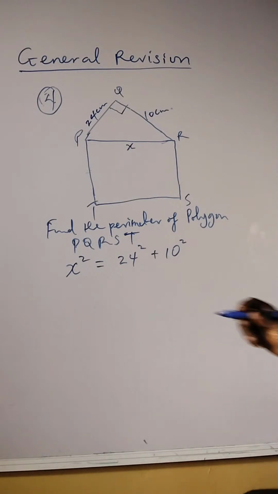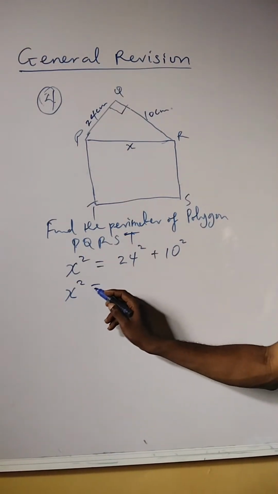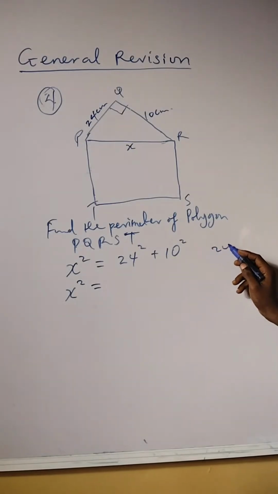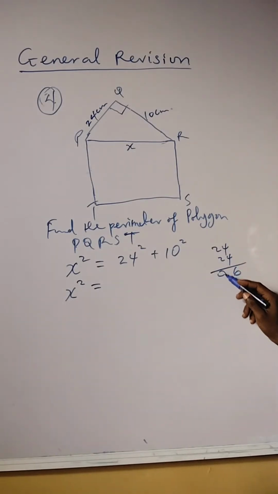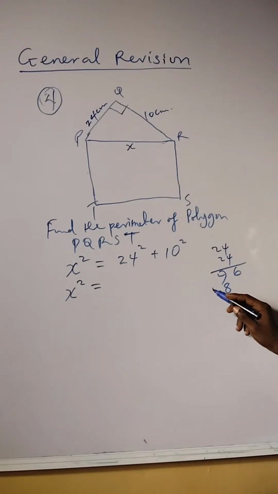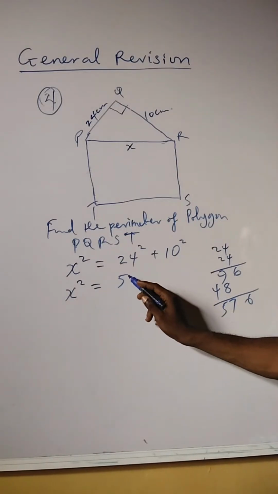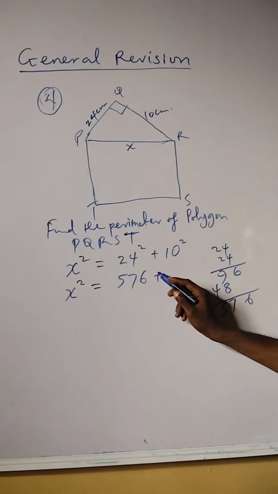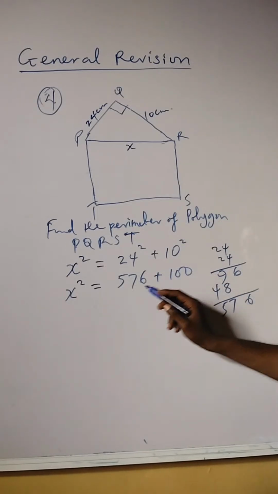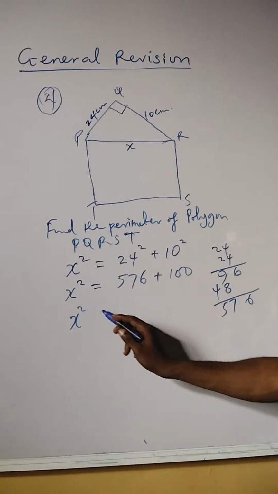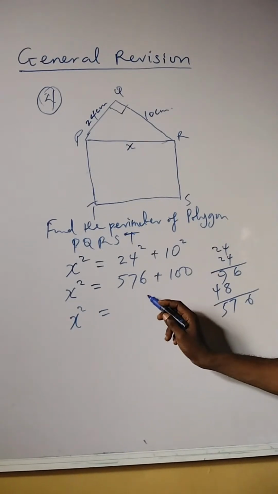That is, here we have x squared equals 24 squared, that's 24 times 24, that's 576, plus 10 squared, 10 times 10, that's 100. So we can actually add it now. x squared equals 676 here.